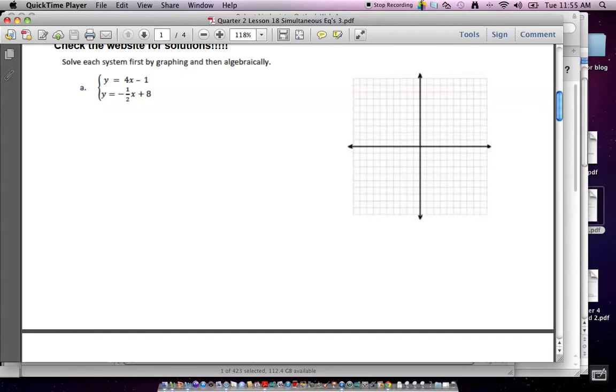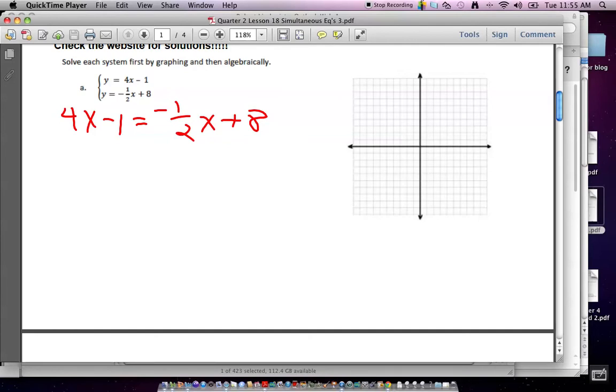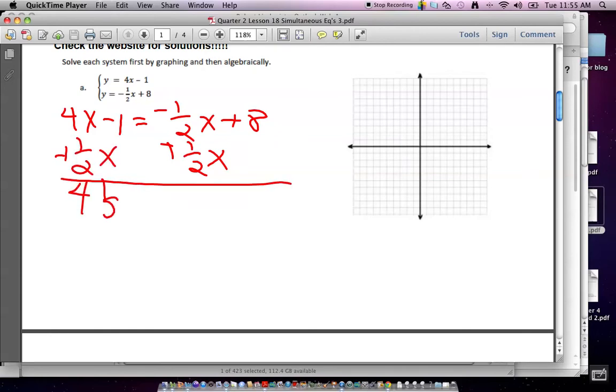So what I'm going to say is that 4x minus 1 has to equal negative 1/2 x plus 8. Now I just solve the equation using algebra. Plus 1/2 x on both sides: 4½ x minus 1 equals 8.